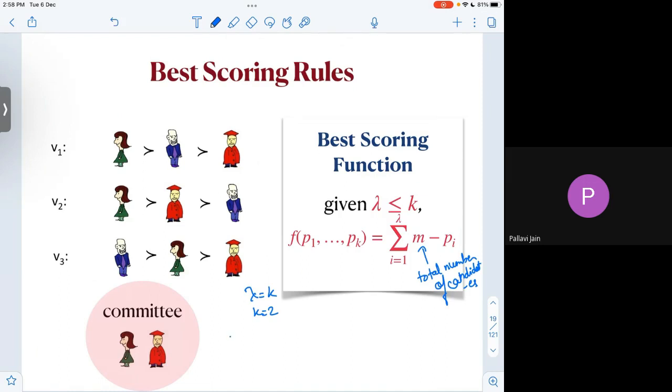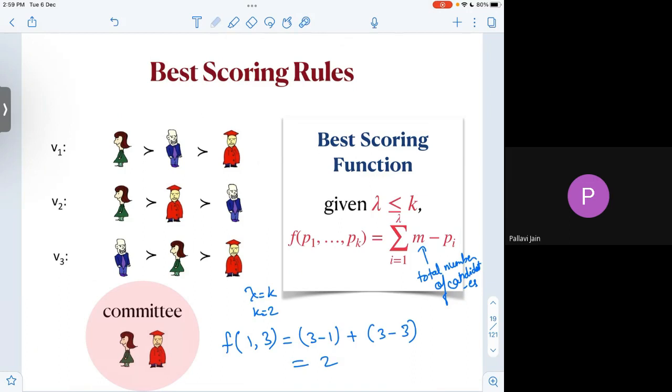What is the position vector? 1, 3. Correct. And then what is the Borda value? M minus P1, which is 3 minus 1 plus 3 minus 3, so 2.